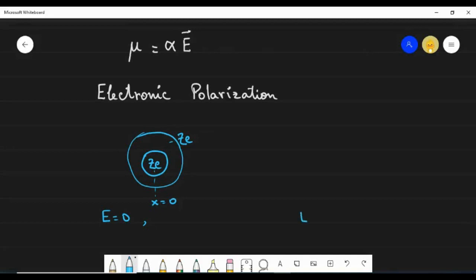Suppose there is an applied field in this direction, then the electron cloud gets displaced by an amount x from the previous position.